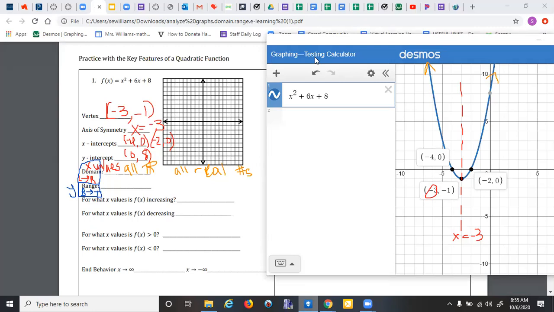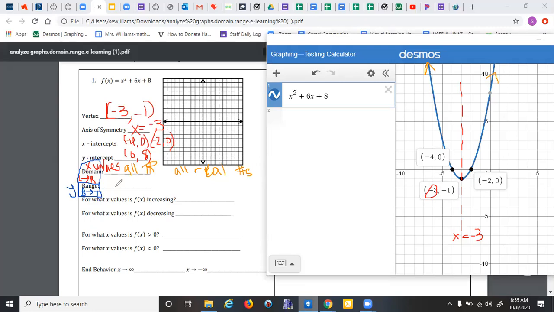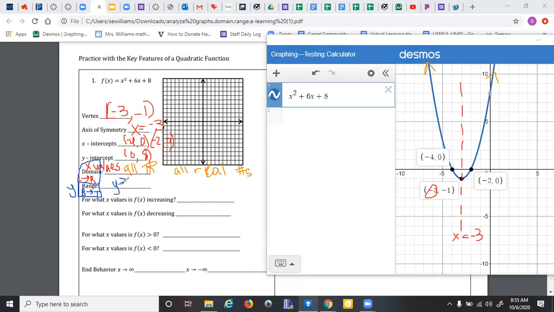And so the way you're going to write your answer is y is greater than or equal to -1, because all the y values start at -1 and then go to the top forever. The graph takes on every y value that is greater than or equal to -1.